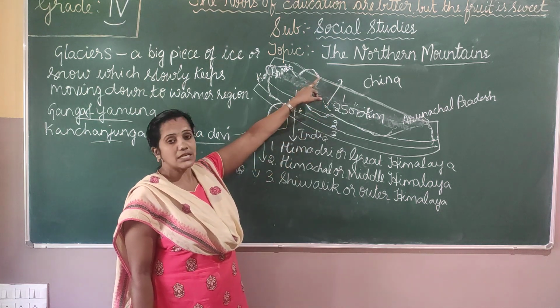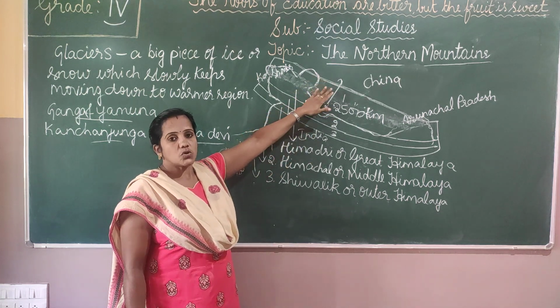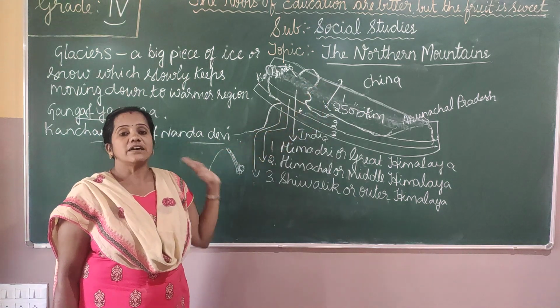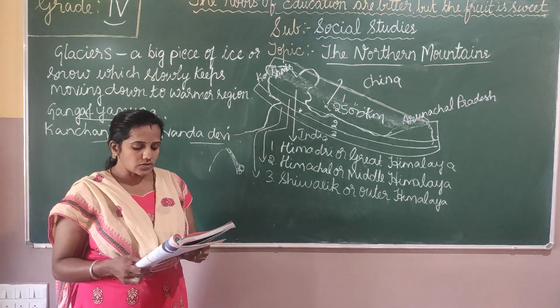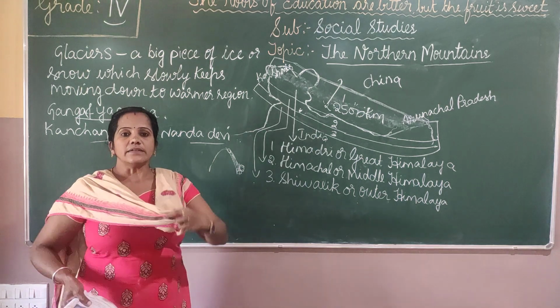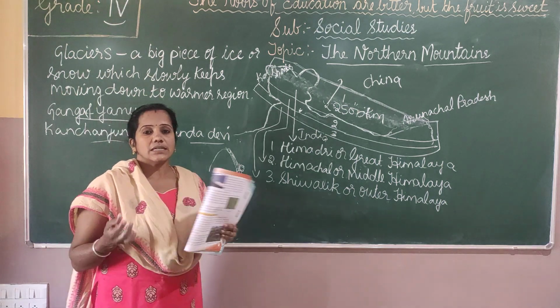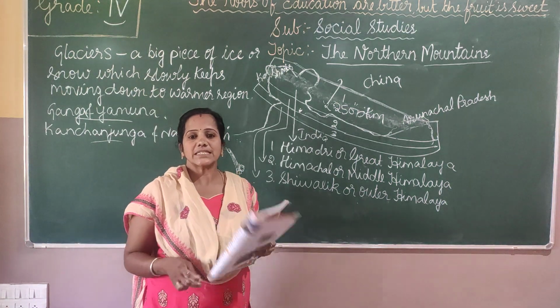Okay, because it is at the north tip, is it? So here most of the peaks are covered with snow throughout the year. This is a colder region, so we cannot find any animals or much plants here.